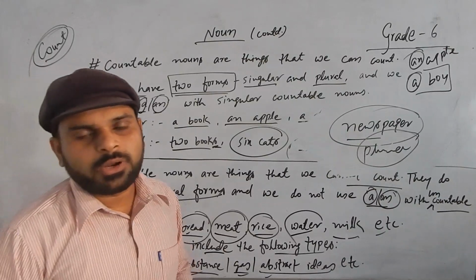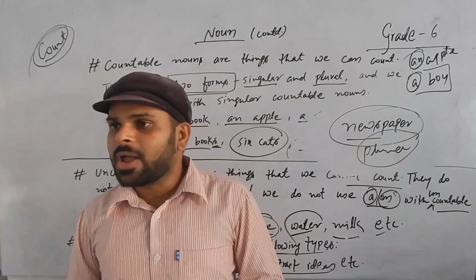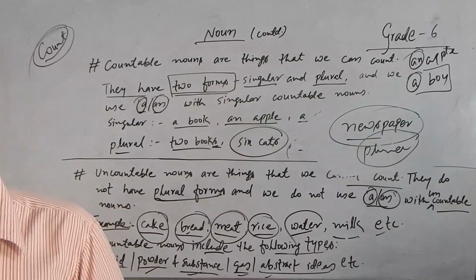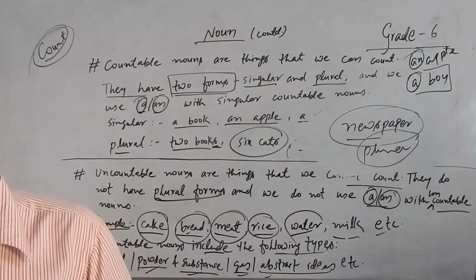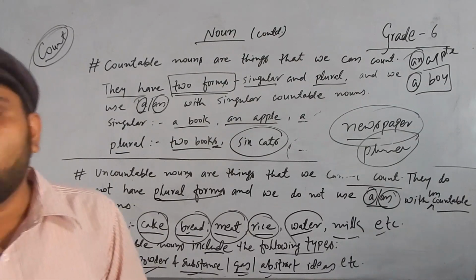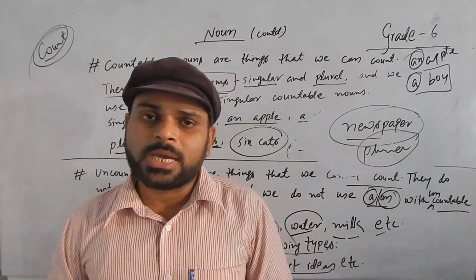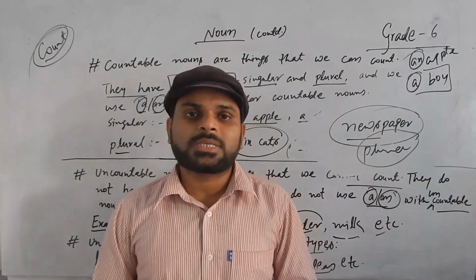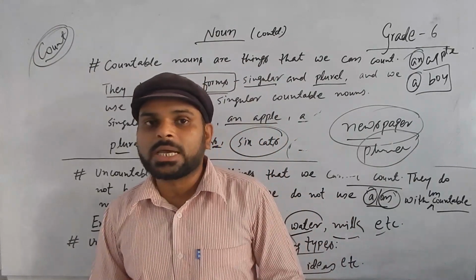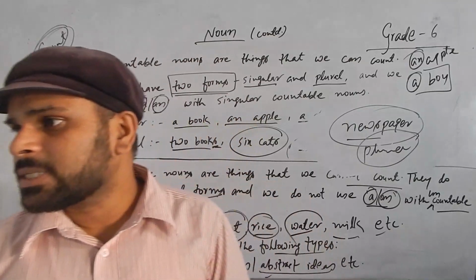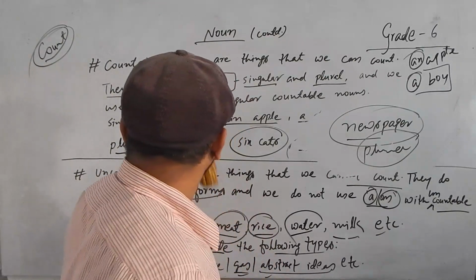So there are altogether 4 issues: articles, possessives, quantifiers, and number words. Before doing these things, we have to discuss articles, numbers, quantifiers, and possessives.